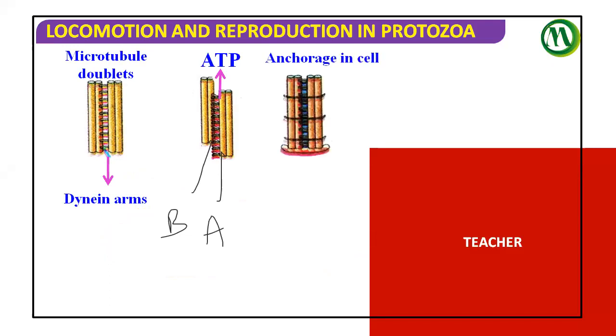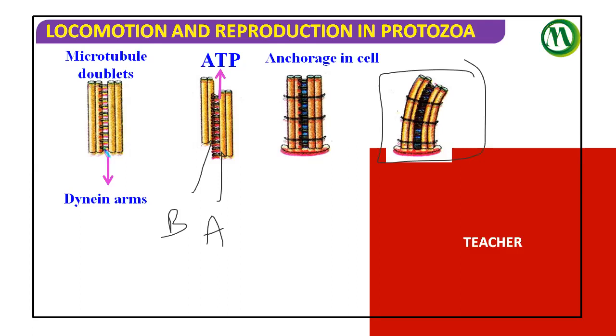That is the site of ATPase activity. If you see a hole like this, you can see the radial spokes also, which are controlling. So finally, this pulling is making a condition called bending. You see, there is a bending. The bending is possible.